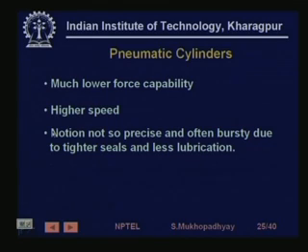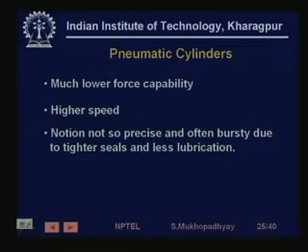Motion is not so precise because the friction is higher, and the seals are tighter to prevent air leak, so that the energy developed by the pump is not wasted. Because of this high friction, there tends to be stick slip motion. So, the motion tends to be bursty, and precise motion control, as is possible in hydraulics, is not possible here.